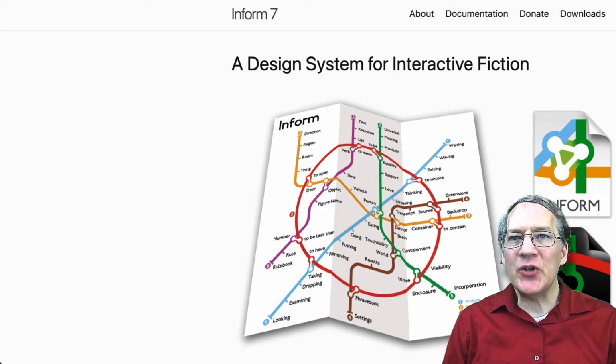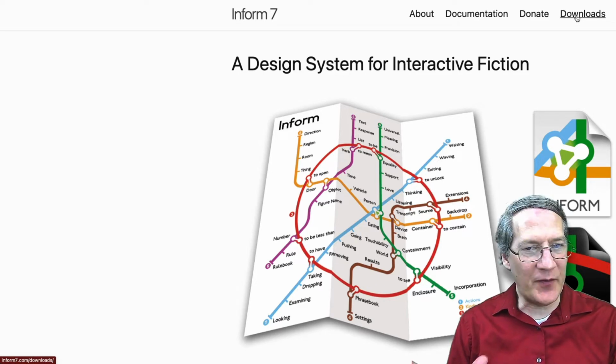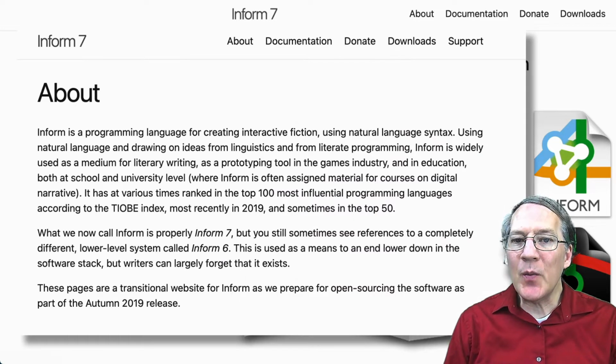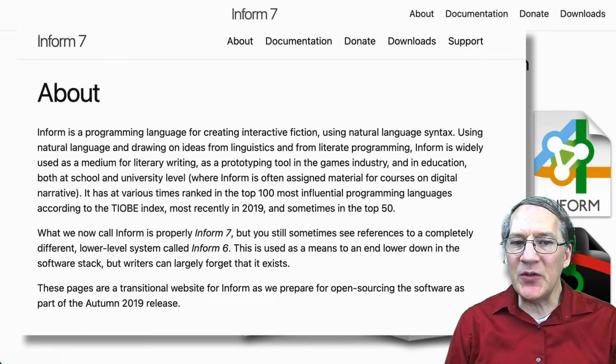Inform 7, which you can download from inform7.com. There are several different platforms. Just follow the instructions. It's pretty sensible. It follows the principles of literate programming, which means the code is designed to make sense to humans.